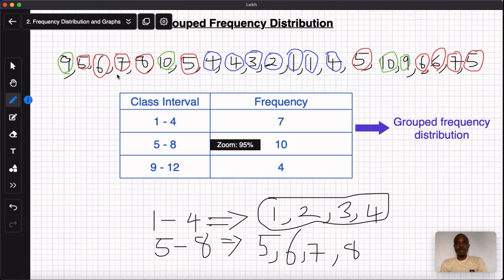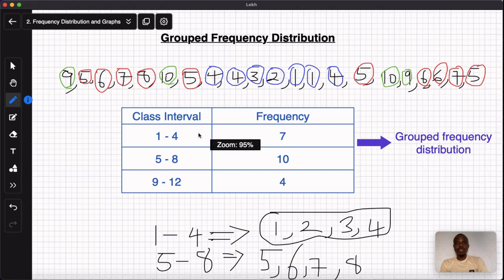If you count, you have 10 of them: 1, 2, 3, 4, 5, 6, 7, 8, 9, 10. And the numbers from 9 to 12 are 4, the ones circled with green markers: 1, 2, 3, 4. All right, so that's how to do your grouped frequency distribution.